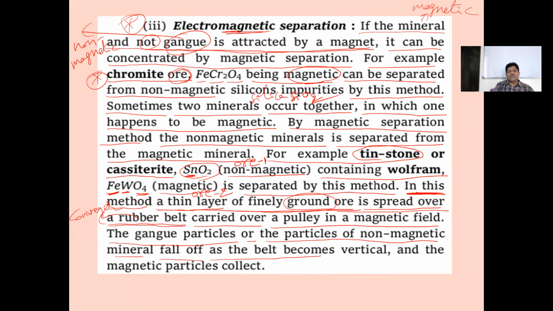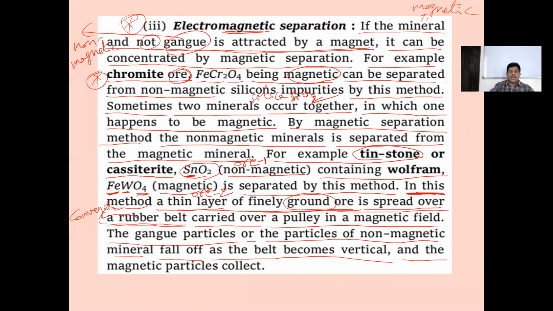As the belt moves vertical, initially the belt is moving horizontally, then when it moves vertical like this, the ore particles are separated from the gangue particles. That means the magnetic particles are separated from the non-magnetic particles.